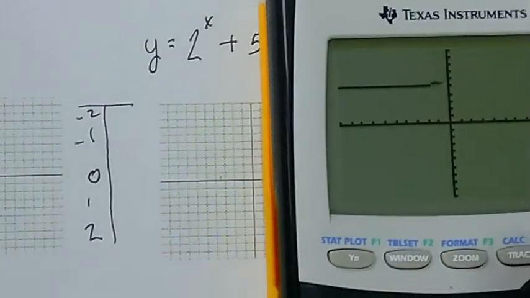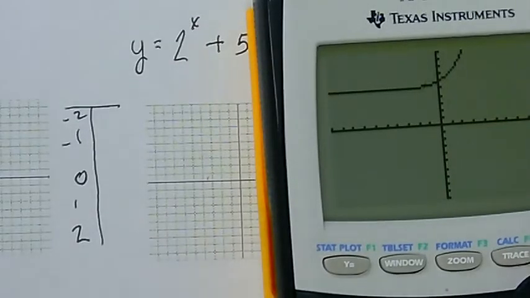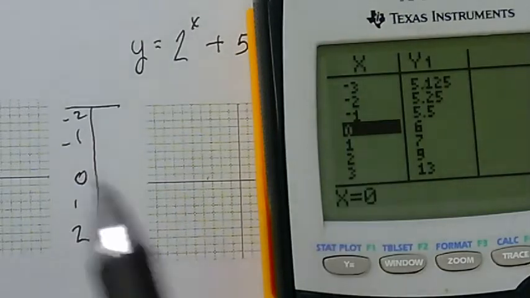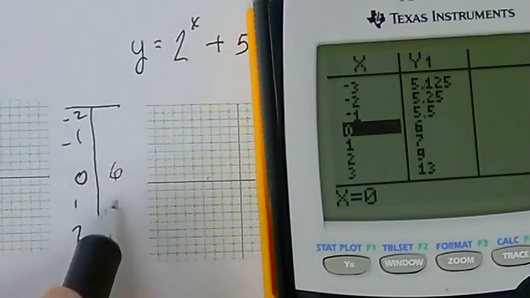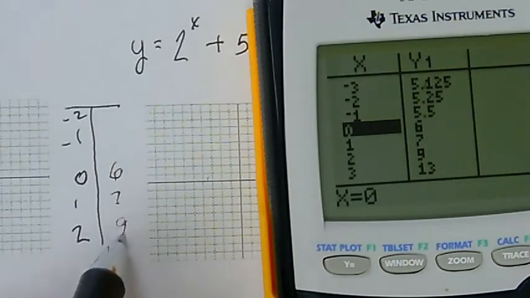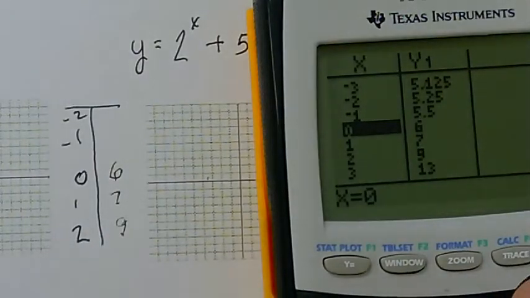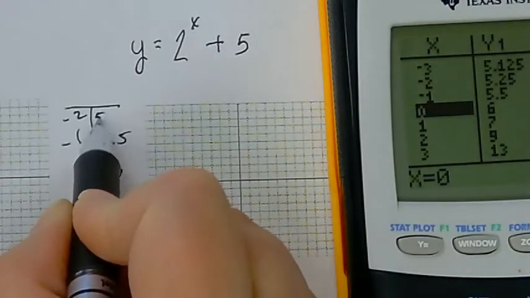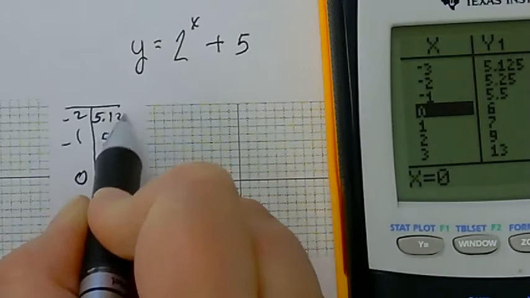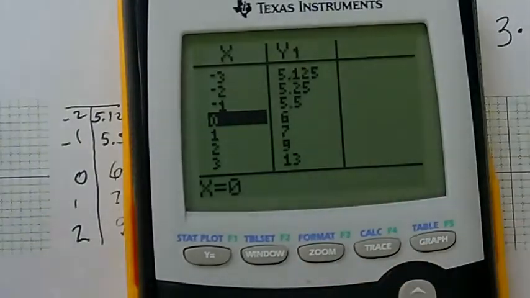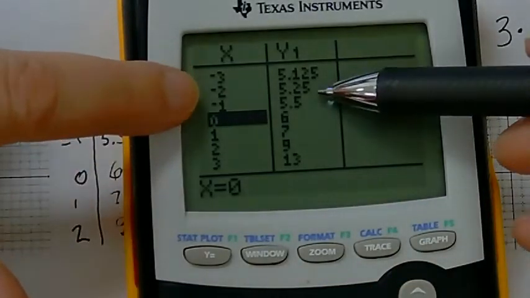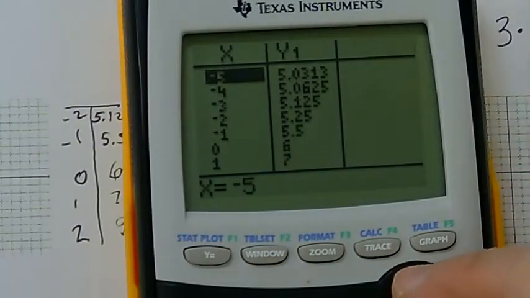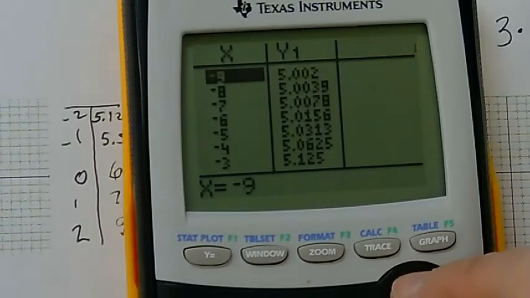So if I look at the table for this, second table, next to 0, I'm going to have the number 6. Next to 1, I'm going to have 7. Next to 2, I'll have 9. And next to negative 1, I have 5.5. And next to negative 2, I have 5.25, and then 5.125, and then 5.00.